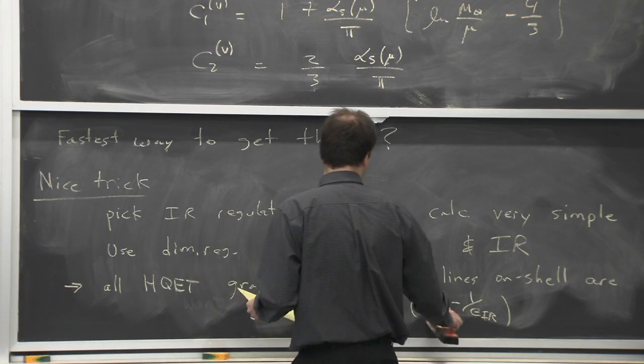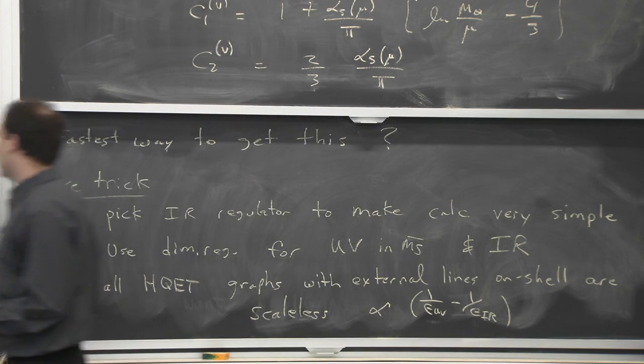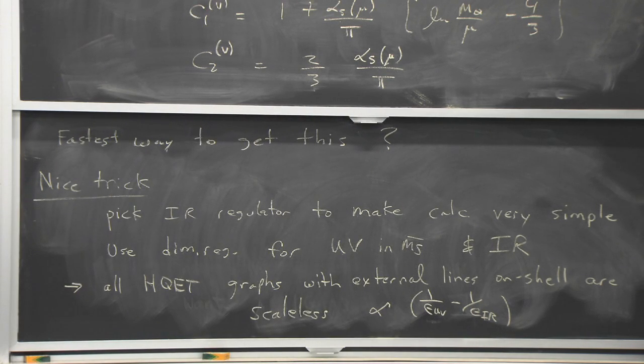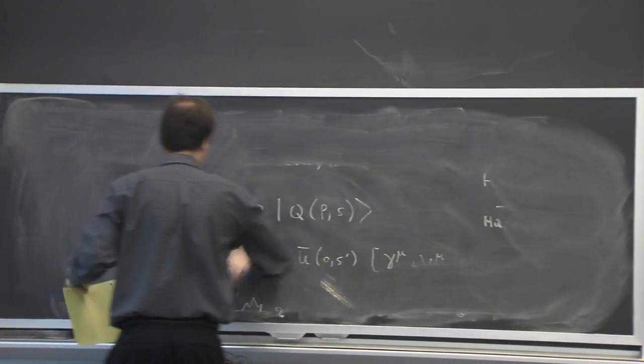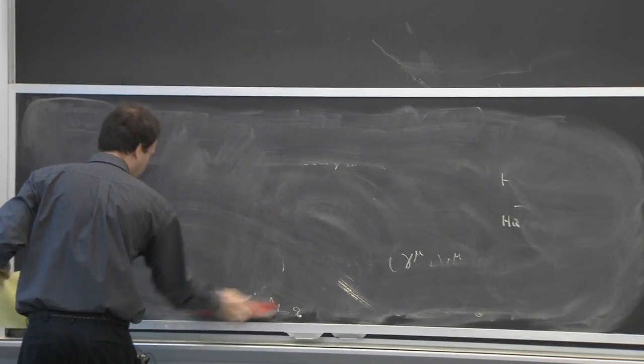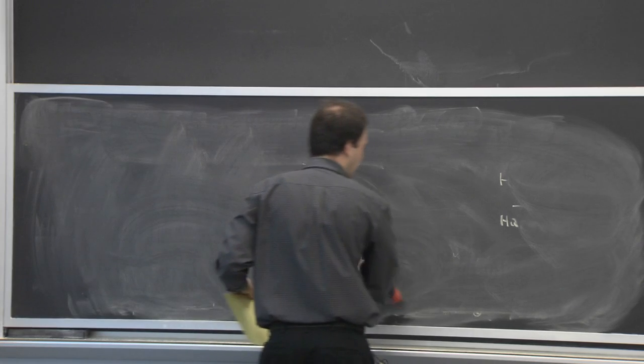Now, you have to think about the fact that there's both of these going on because you still have to think about adding counterterms to HQET to cancel the UV divergences. But the answers are very simple because you can throw away all the finite pieces. If you have 1 over epsilon minus 1 over epsilon, if you multiply that by epsilon, that term's not there.